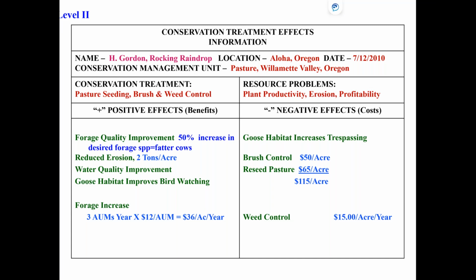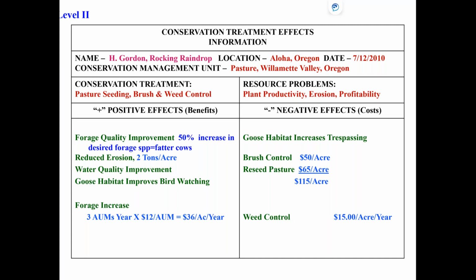We know that a 50% increase in desired forage species, you're going to get fatter cows. You could reduce erosion by 2 tons per acre. You know, if the cows had really beat up that pasture, maybe you're getting some erosion off of it. Water quality improvements are harder to put a dollar value on, but if it's not eroding off into the creek, you're going to improve your water quality there.